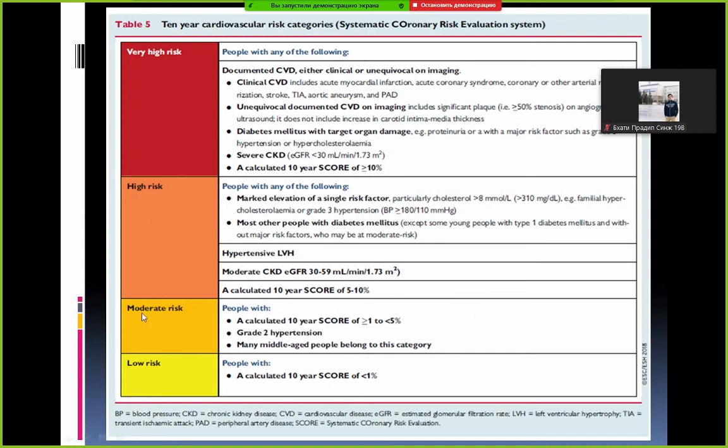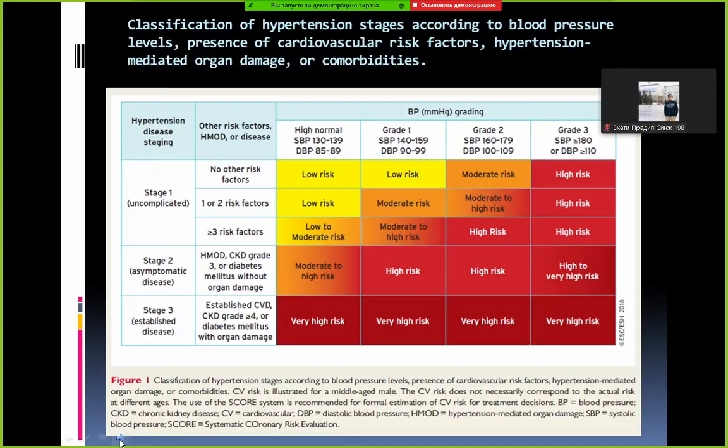There are 4 grades of the risk: low, moderate, high risk, and very high risk. And after this we may assess the stage of arterial hypertension of our patient.